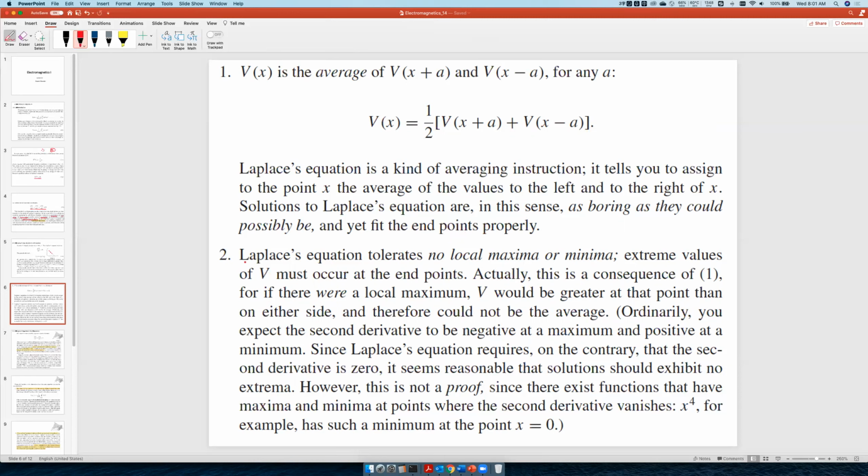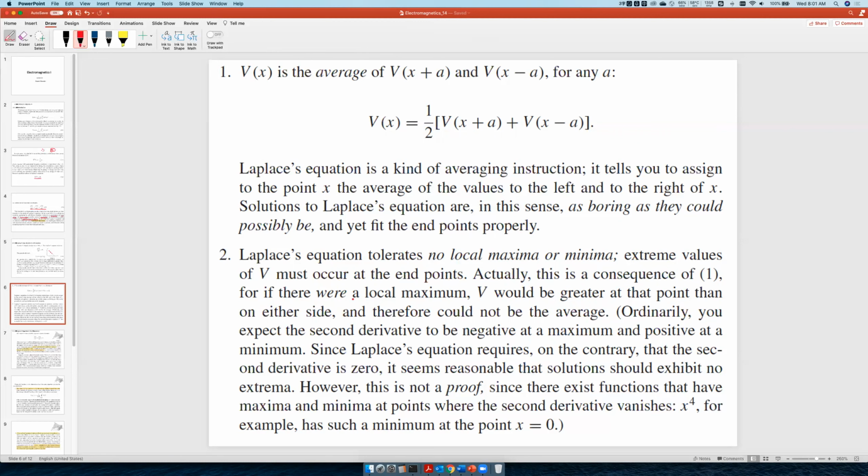The second feature: Laplace equation tolerates no local maximum or minimum, because extreme values of V must occur at the endpoints. This is easily understandable, actually, and it's also a consequence of the first feature.